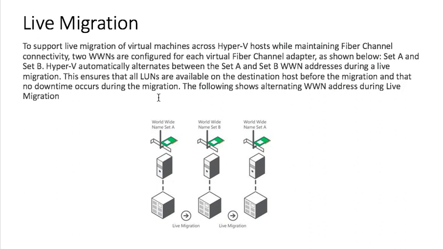This feature ensures all the LUNs are available on the destination host before the migration, and that will help ensure no downtime occurs during the migration. The following shows alternate WWN addresses during live migration, and you can see the steps involved in the migration between Set A and Set B.